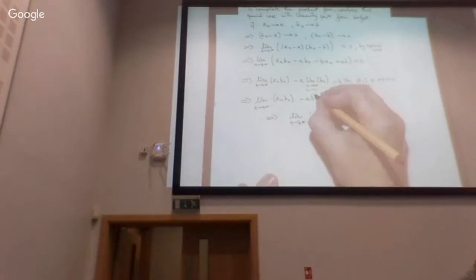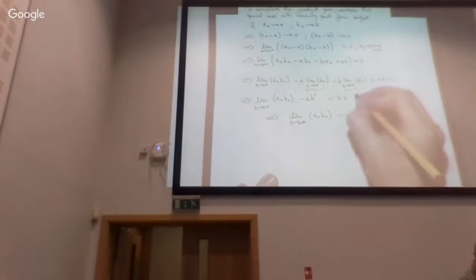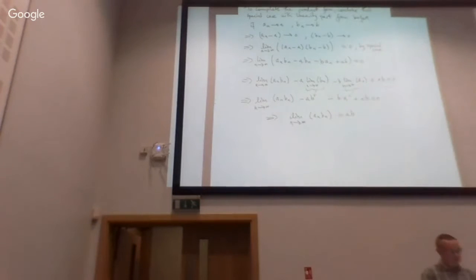So the limit of bn is b, the limit of an is a. And then I was just noticing, this is the thing we're interested in. And then we got these three numbers. But they're all the same. I've got minus, minus, plus. So two of them just cancel, and then the minus one just moves over the other side of the equation. So you just got ab on the right.